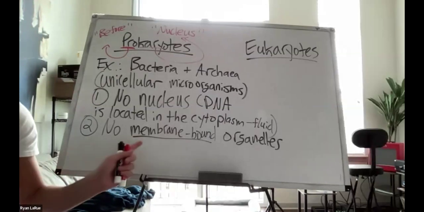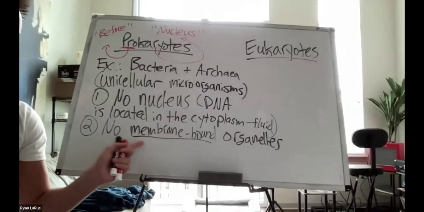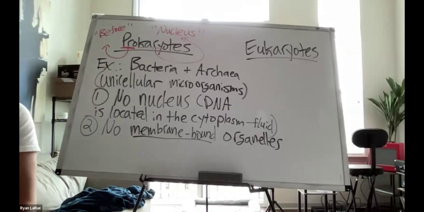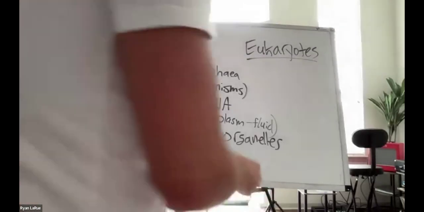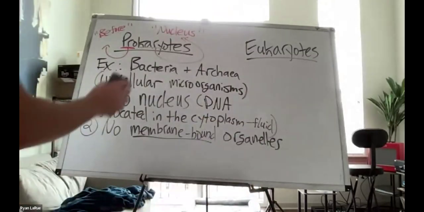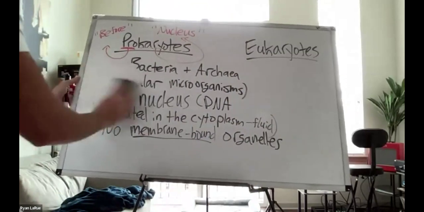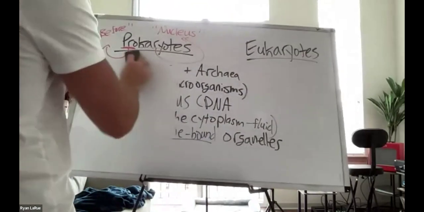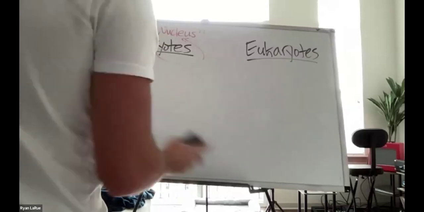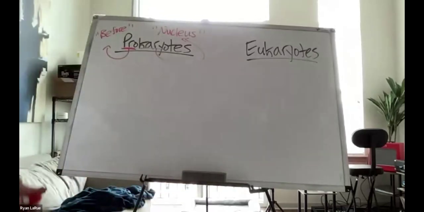But that's why I'm emphasizing that they don't have the membrane-bound ones, okay? So we'll come back to the prokaryotes. Just because I don't have much room for my eukaryotes here, I'm gonna erase this. But that's the summary of the prokaryotes, okay?